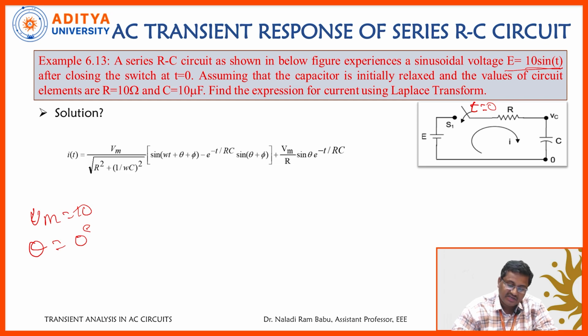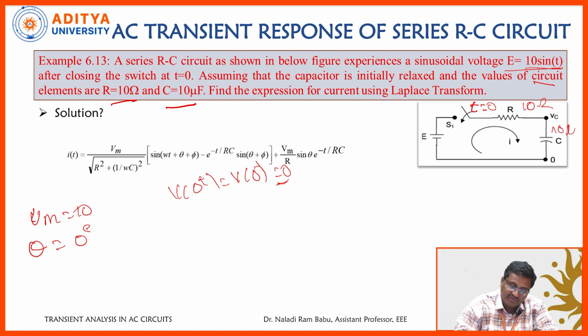The capacitor is initially in a relaxed condition, that means V of 0 plus is equal to V of 0 minus is equal to 0. The values of the circuit elements are R equal to 10 ohms and C equal to 10 microfarad. Here we are supposed to find the expression of current I of t.